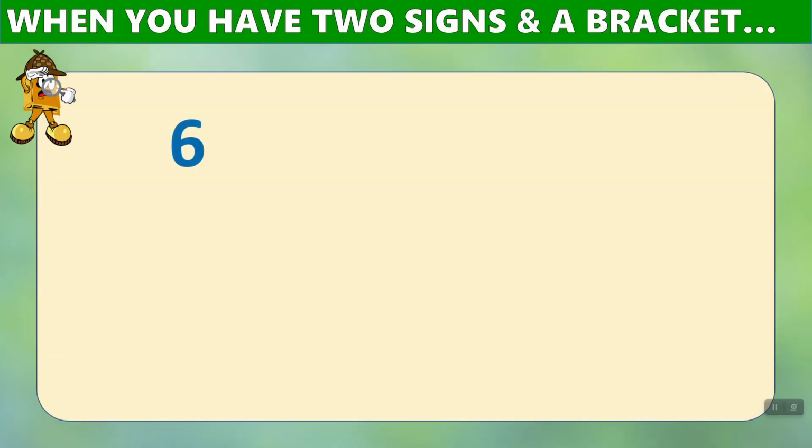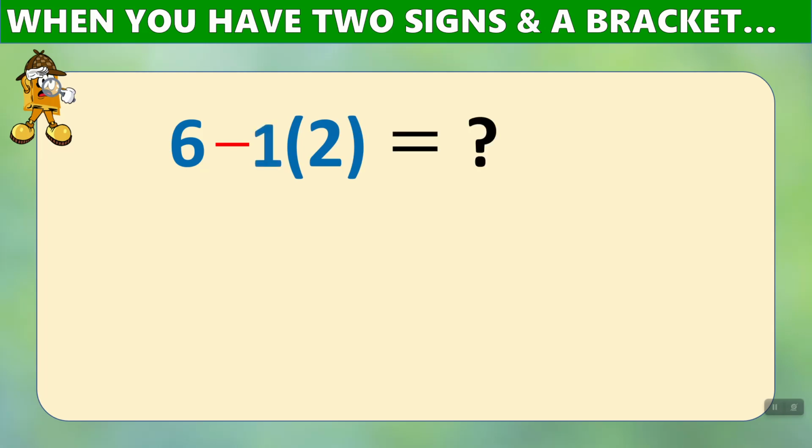So let's see how this works. 6 minus and then 2 in brackets. What does this equal? Well, there is an imaginary 1 right here before the brackets. Let's rewrite this as 6 minus 1, and we know that the 2 in brackets is a positive 2. But look at what we have now.